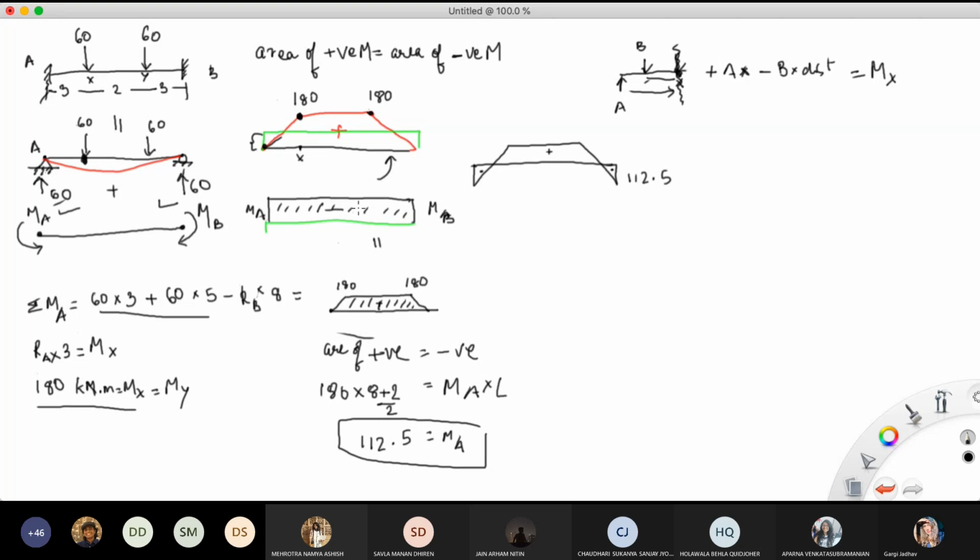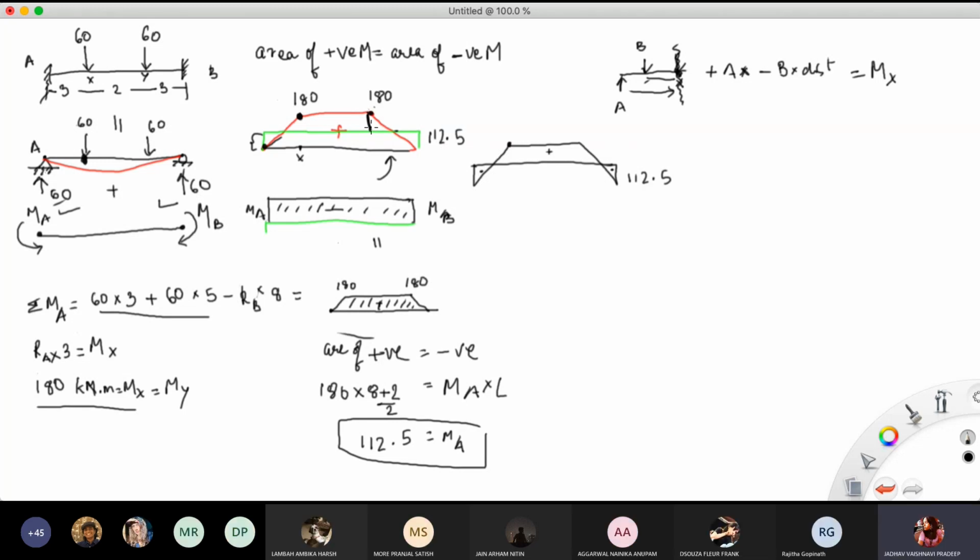And this is a rectangle, so total area of this shape is going to be MA into L. And this one is a trapezoid, so this is the formula we used. That is how we arrived at MA as 112.5. And if this is 112.5 and this is 180, how much is this much going to be?